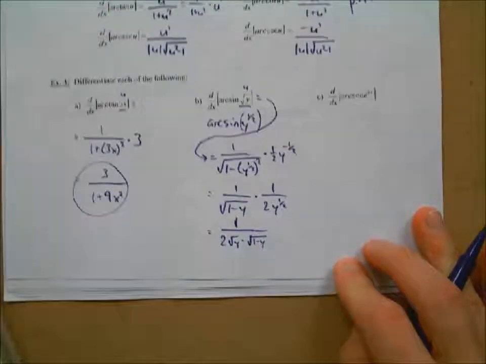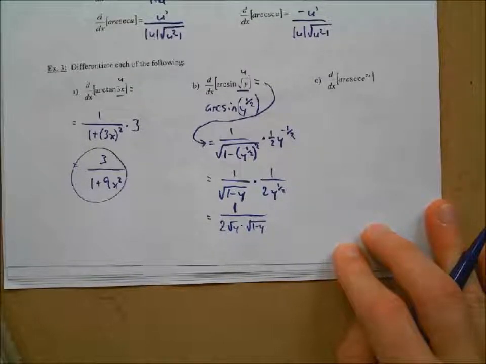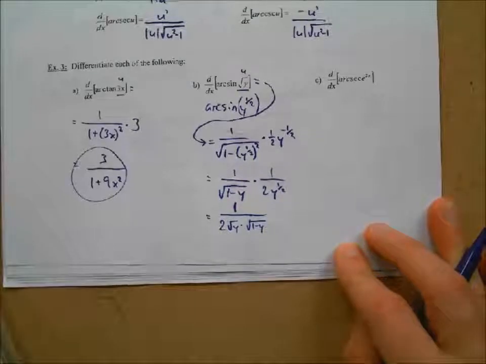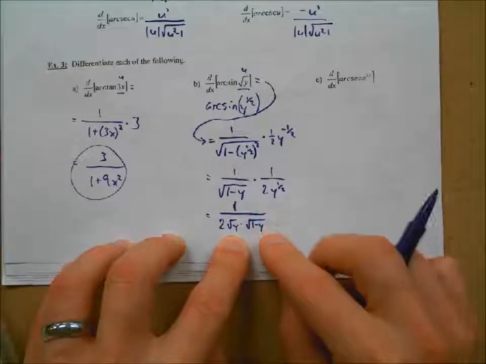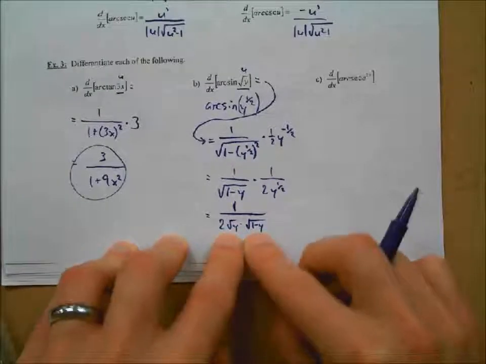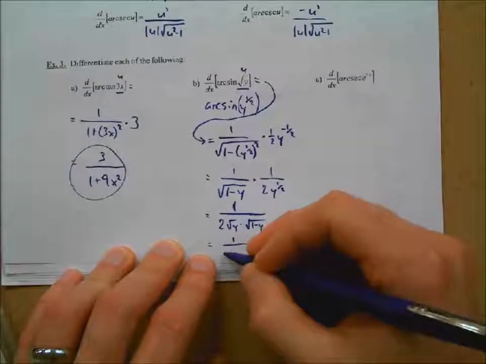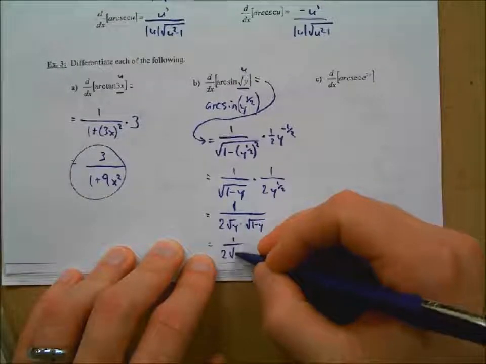Now, we have one more little simplification we can do. Since we're multiplying the square root of y and the square root of 1 minus y, we can actually combine that together into a single root. And so it's 1 over 2 times the square root of y minus y squared.